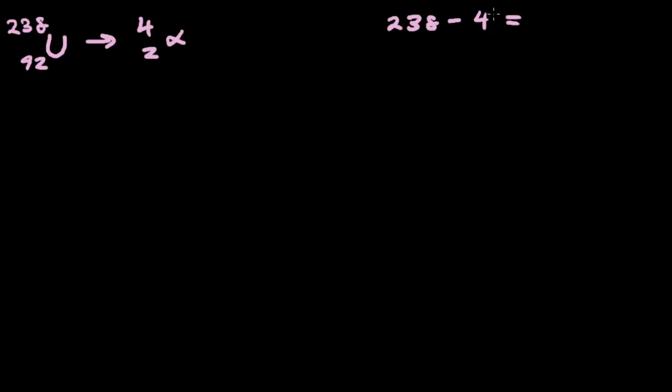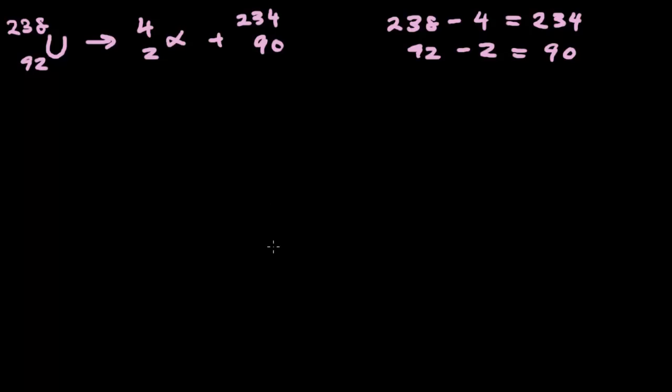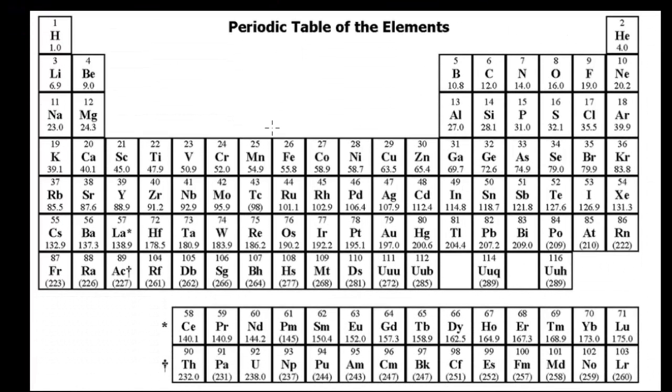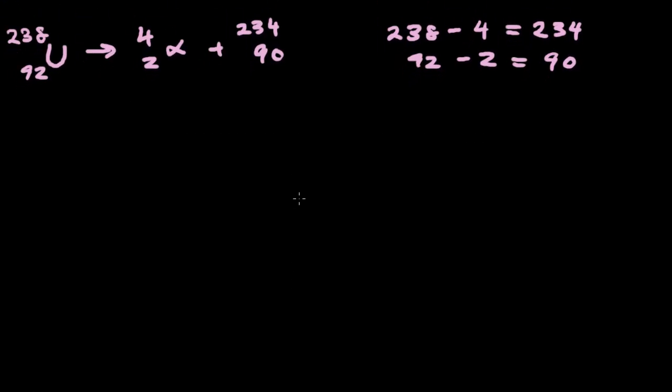So the other thing has to be the remaining mass. So 238 minus 4 gives us 234, and 92 minus 2, because our charge also has to be conserved, gives us a 90. So the new particle that we've made is 234, 90. We need to go to our periodic table to find 90, which is our new proton number, and that gives us thorium. So thorium.